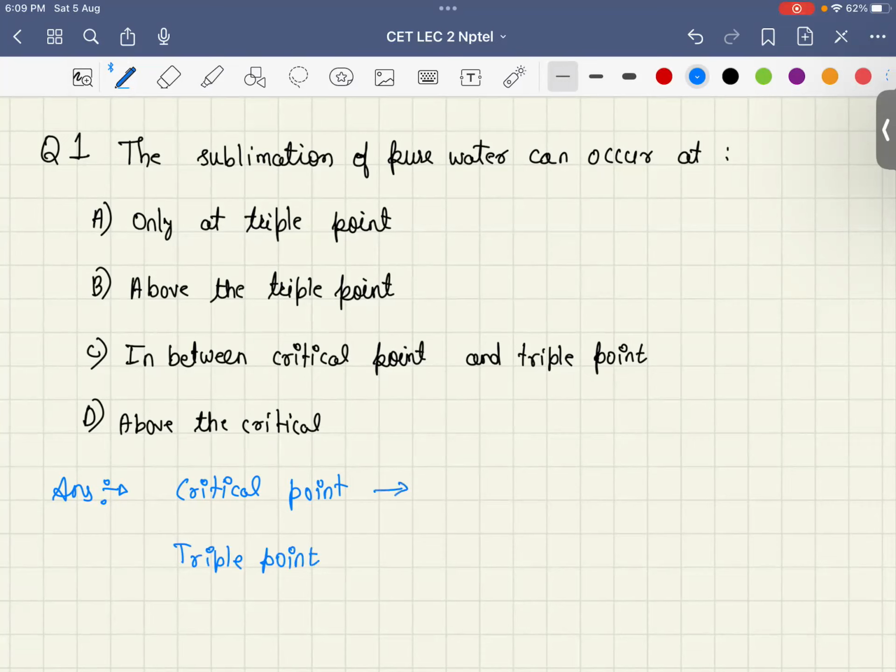Critical point is the highest point in which liquid and gas can coexist, whereas triple point is the point in which all the three phases, solid, liquid and gas, can coexist.